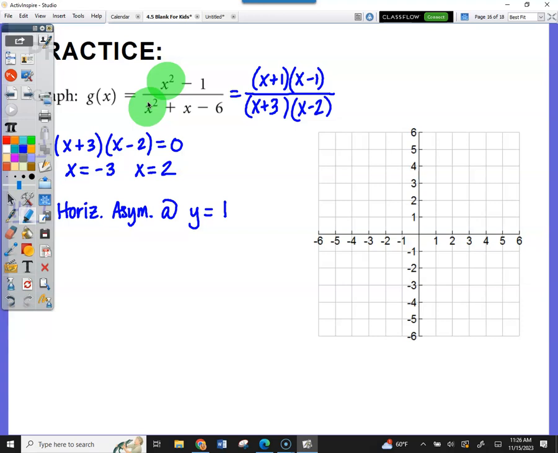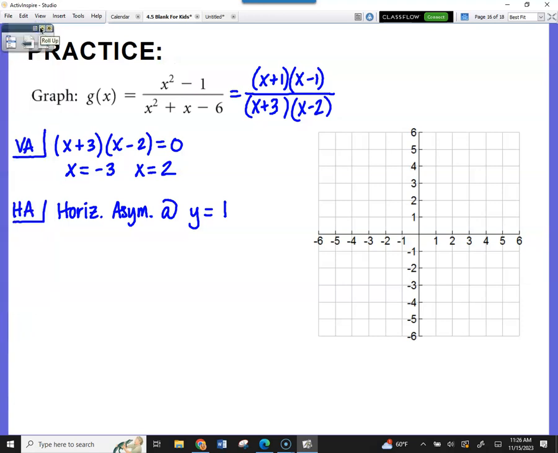In this case, the degrees are equal, which means the horizontal asymptote is the leading coefficient. 1 over 1 is 1. Which means there is no slant asymptote, because if there's a horizontal, there's no slant. If there is no horizontal, then there is a slant. Okay?